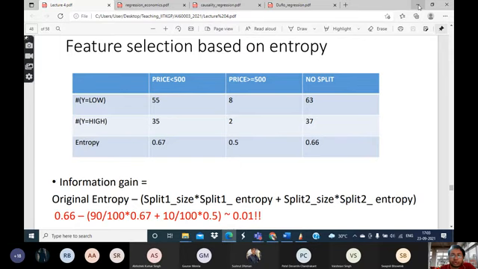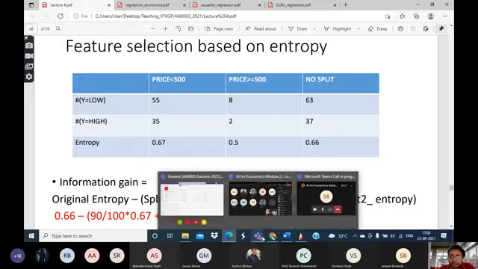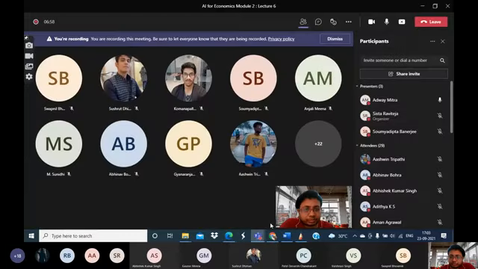So, can anyone recapitulate briefly? What methods related to machine learning have we covered in the last couple of classes? Anyone remembers? Ashwin Tripathi, what were some of the machine learning methods we studied?